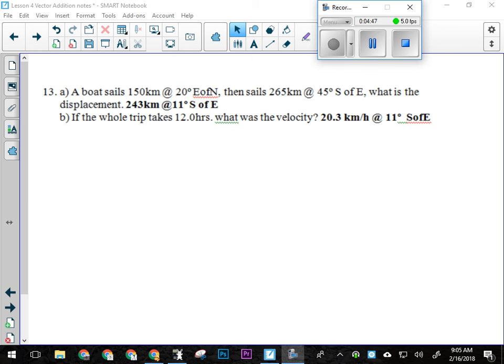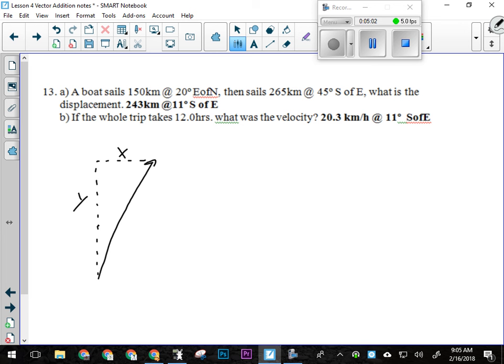All right, so let's start out with our first vector. We have 150 kilometers at 20 degrees east of north. My reference is north, and I'm going 20 degrees east of that. So here will be x, here will be y. This is 20 degrees, and it's 150 kilometers long.